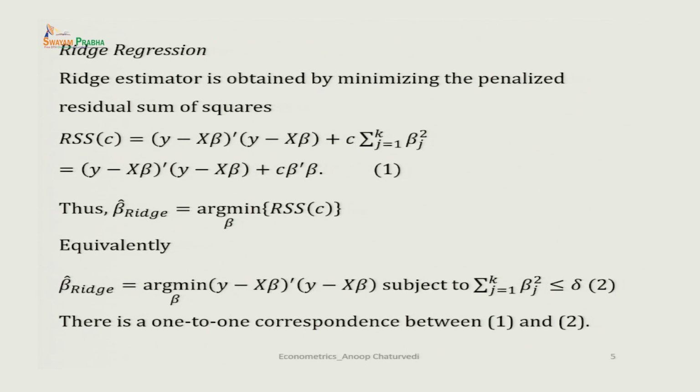Now, we consider the Ridge regression estimator as a penalized regression estimator. The Ridge estimator is obtained by minimizing the penalized residual sum of squares. So, you have the residual sum of squares (y minus x beta) transpose (y minus x beta) plus c times summation j equal to 1 to k of beta j square, and we denote it by RSS C. The first part is the residual sum of squares, the second part is the penalty term.